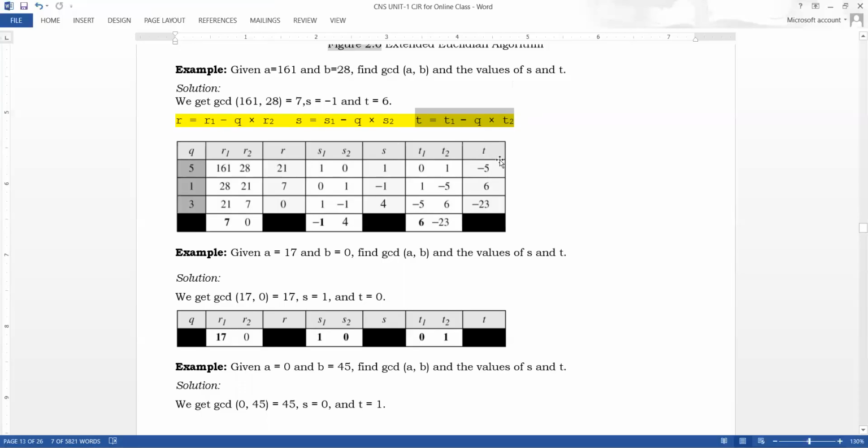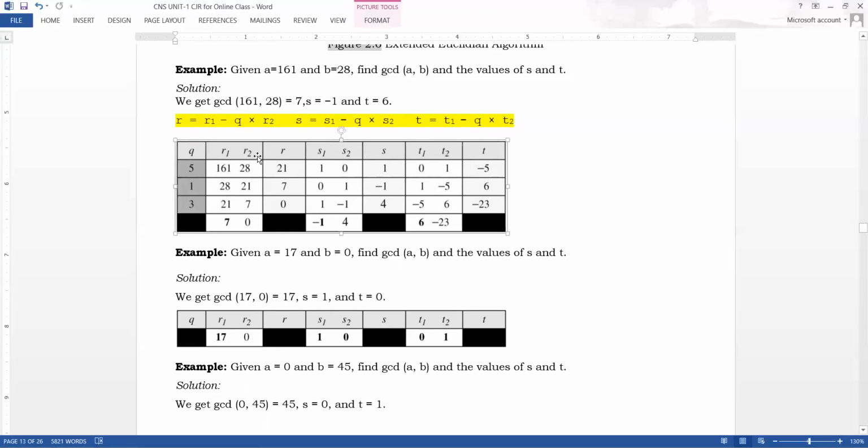In the same way here, R2 value is given to R1 and R value is given to R2, and 28 by 21. So quotient is 1 and remainder is 7. Shift the S and T values like this also and find the S and T values.